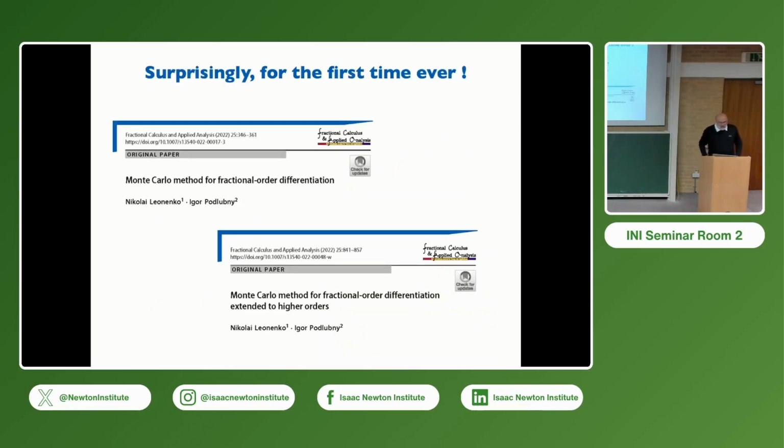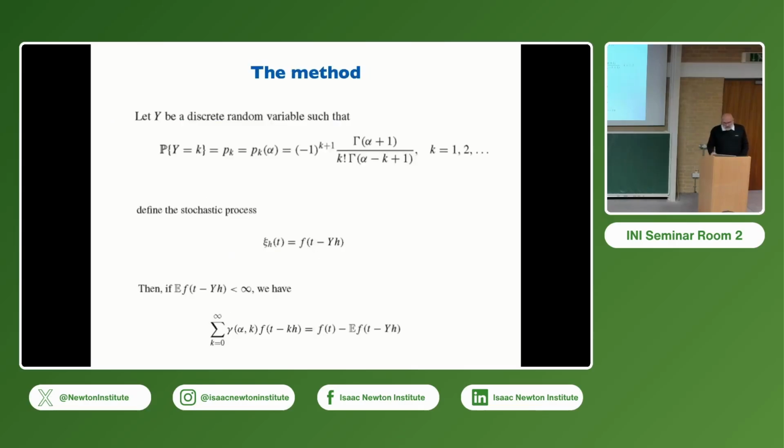Only recently, with Nikolai Leonenko, we did the first step to Monte Carlo differentiation. And we did this for arbitrary real orders. As a particular case, we always have those even integer order derivatives. The idea is based on an observation by José Tenreiro Machado.